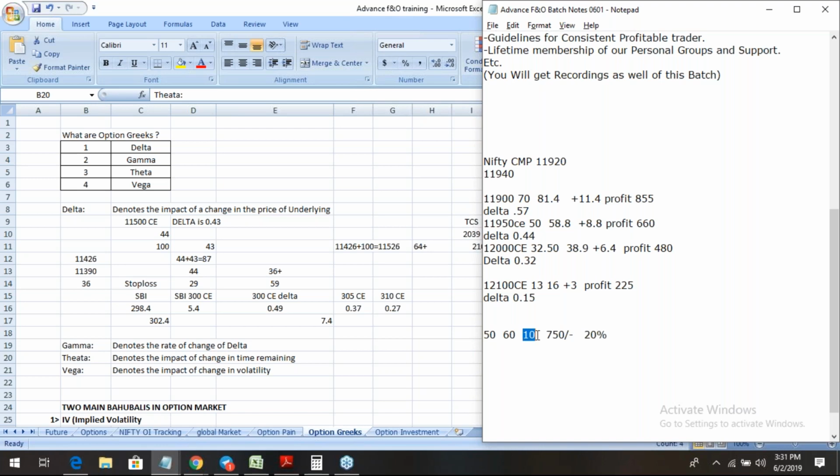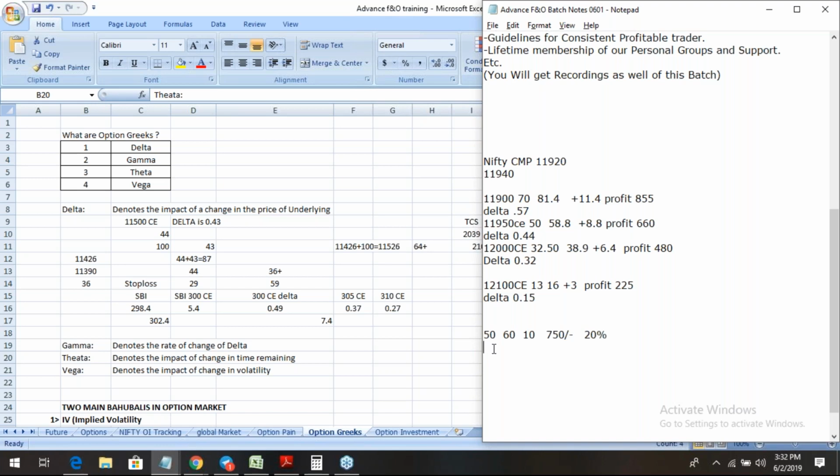For getting 10 points, how much should your Nifty go up? If your Nifty goes 20 or 25 rupees up, you will get 10 rupees. Max to max 22 or 23 rupees. If Nifty goes 23 rupees up, you will get 20% return on the option.